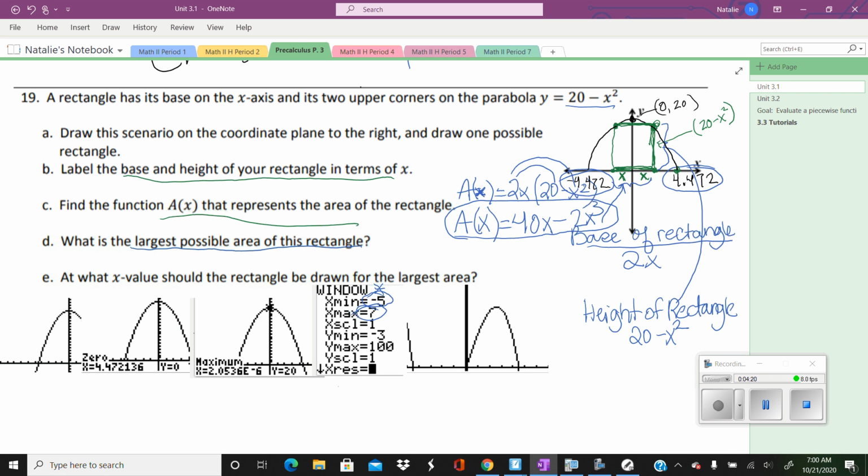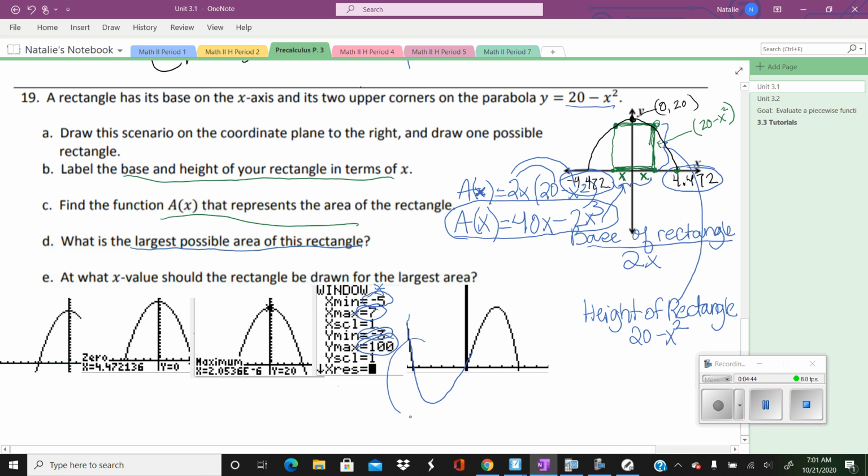Now my y values, I played around with that. I knew I wasn't going to have any negative area, so for my y minimum I just put negative 3. And then for my y maximum, I didn't know how far my area was going to go, so I just put in 100. I probably could have made that a little bit smaller, but at least I can see part of that cubic function go down and come up like that.